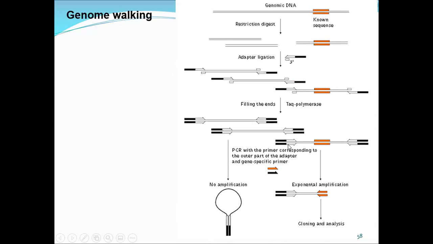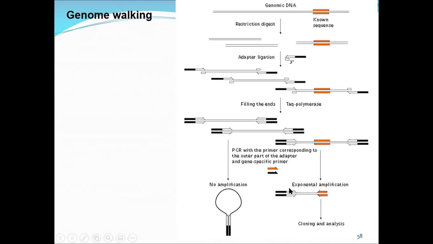And then what you do is you design the PCR primer, one specific for the linker, the other specific for the known sequence. So then after the amplification, you can go for cloning and sequencing analysis, and you get to know this particular sequence. So initially you knew only this much sequence, now you get to know this much.